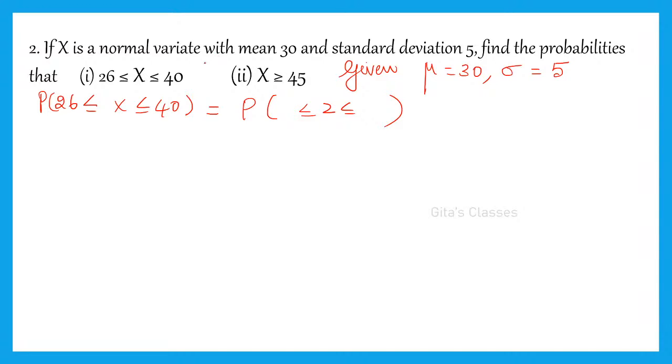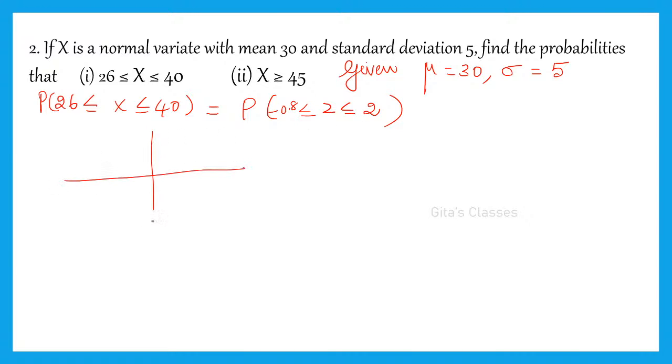Now we have converted to z so that we can make use of the table. So this is minus 0.8 to 2. Minus 0.8 less than or equal to z less than or equal to 2.